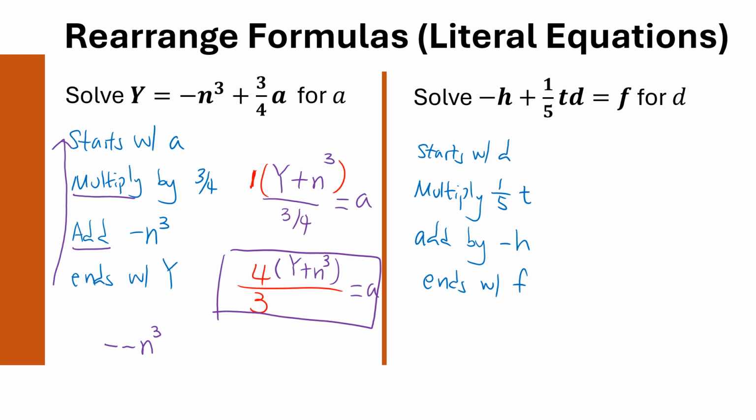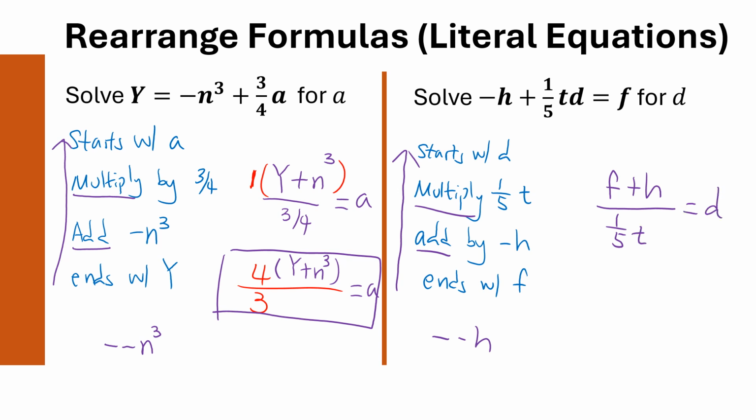So now again, we're going to go backwards and do everything the opposite. So you're going to start with f. Instead of adding negative h, you're subtracting negative h, which is the same thing as plus h. Multiply by 1/5 t, so you're going to divide it by 1/5 t. And then it ends with d.